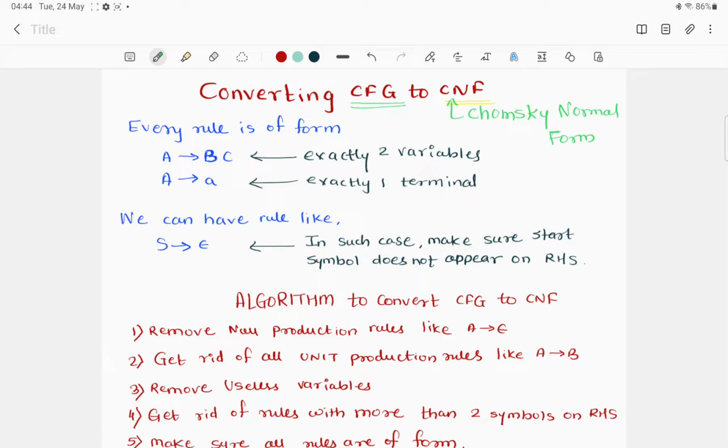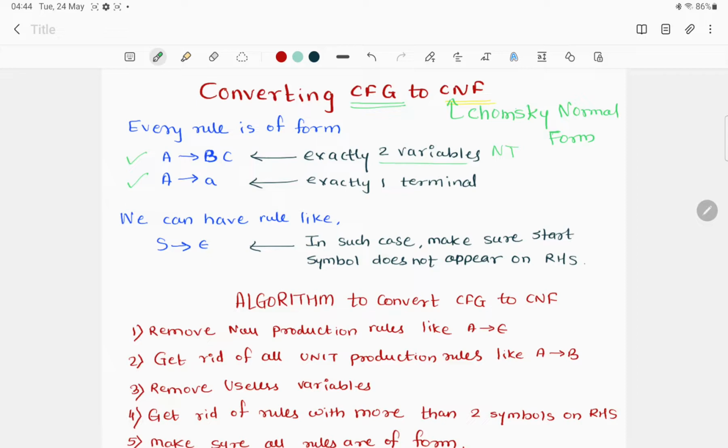A grammar is said to be in Chomsky normal form if all the rules of the grammar are of these forms: A giving capital BC or A giving small a. When I say A giving capital BC, I mean that on the right hand side I should have exactly two variables, that means exactly two non-terminals, exactly two capital letters.